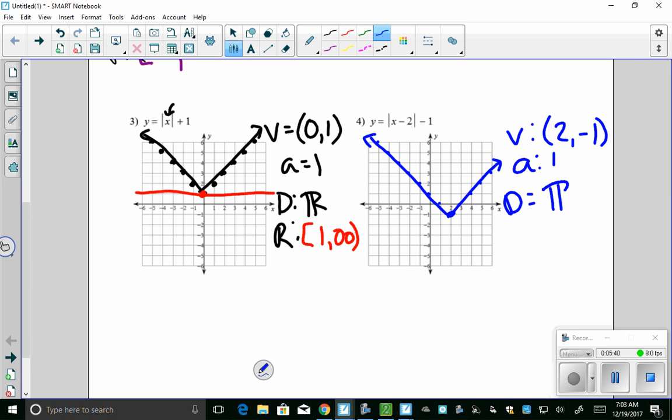Domain, all real numbers. Range, negative 1, comma, infinity.